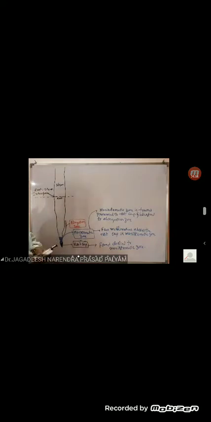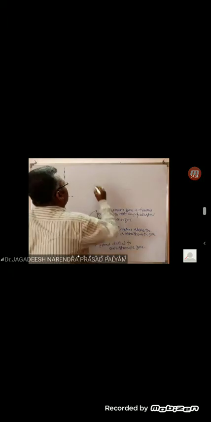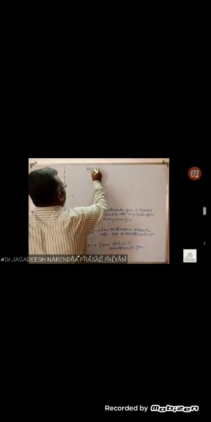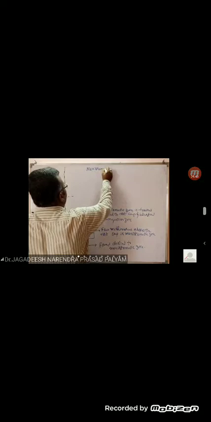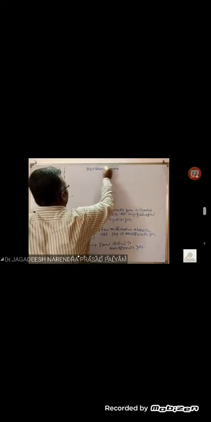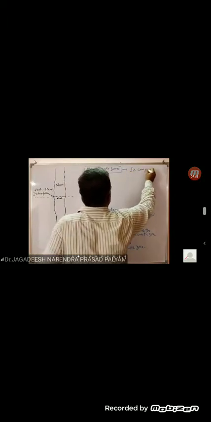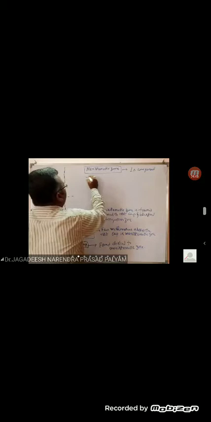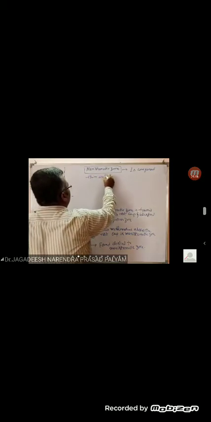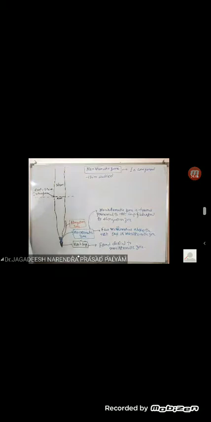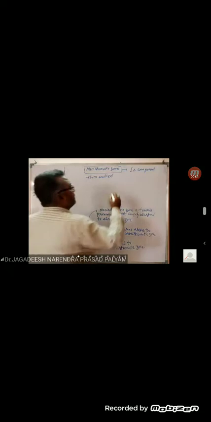Apart from that, the meristematic zone is composed of thin-walled cells with dense protoplasm.